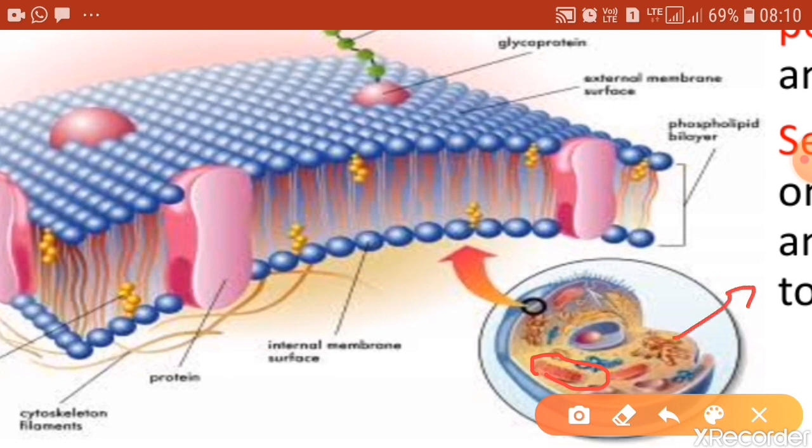A detailed structure of these organelles will be dealt with later, but these membranes separate the inner content of the organelles from the outer cytoplasm, and they have the same structure.